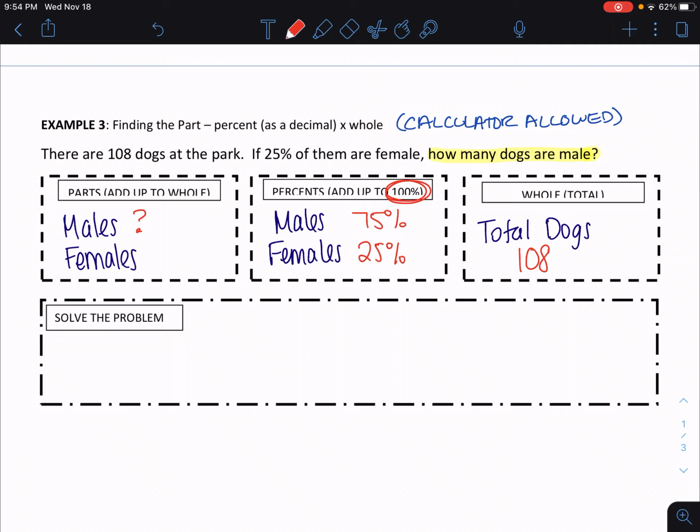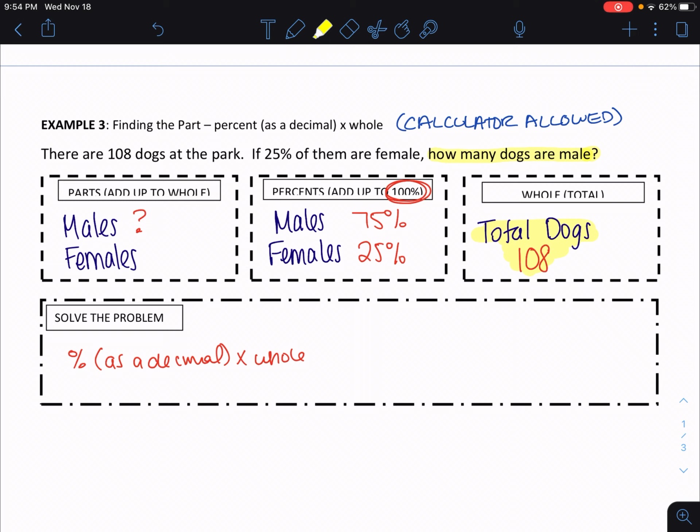So to solve the problem, I'm going to do the percent as a decimal times the whole. So now I got to highlight, I'm sorry. Now I need to know what the percent is that I need, and then my whole value. I know that I'm using the total, because that's the whole.